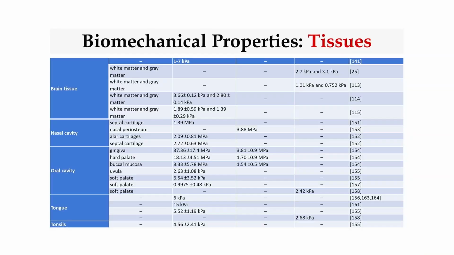Then the tongue, also 6 kilopascal, fairly soft. 3 different research groups, or almost 6 different research groups I can say here, have reported the values. Tonsils, one group has reported some value, but ultimate tensile strength value of any of these soft tissues are unknown. So what that means is, if you want to test a tonsil tissue, you can test it until it ruptures and report that value.